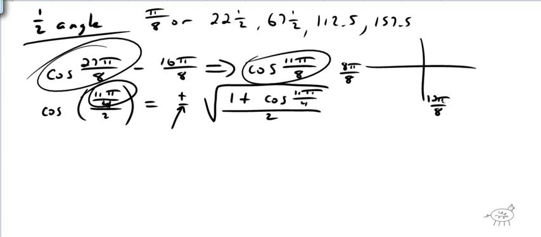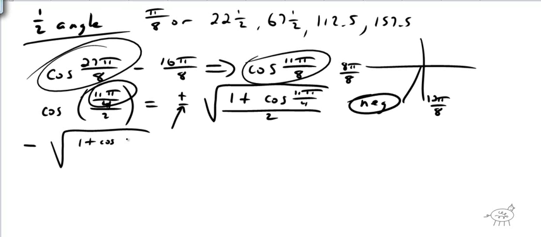That means 11 pi over 8 is somewhere in this quadrant here. So that's how that plus or minus works, and you're going to say, what's cosine in that quadrant? Cosine is negative in that quadrant. So that means we're going to have negative of that value: negative square root of 1 plus cosine of 11 pi over 4, over 2.